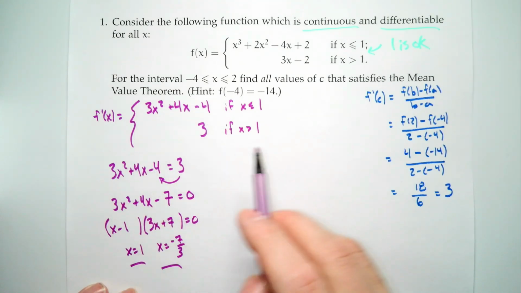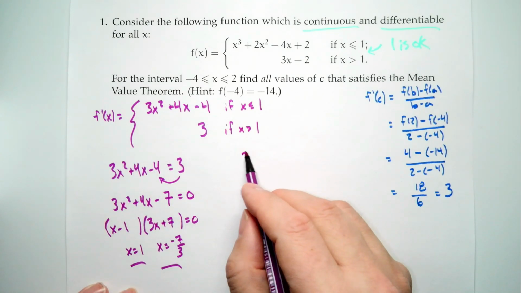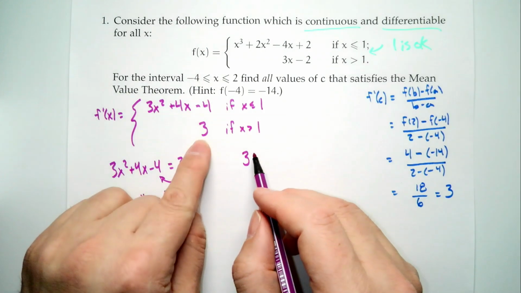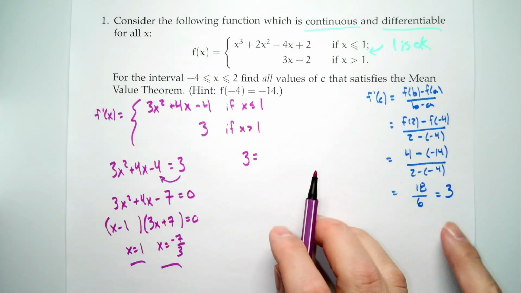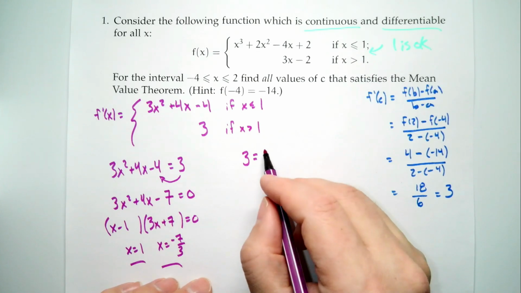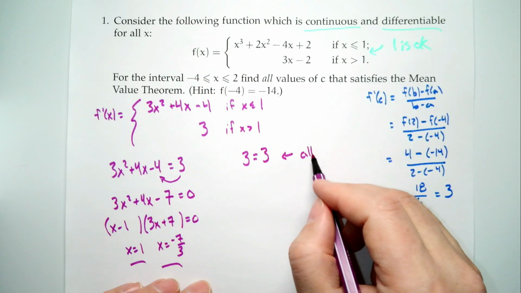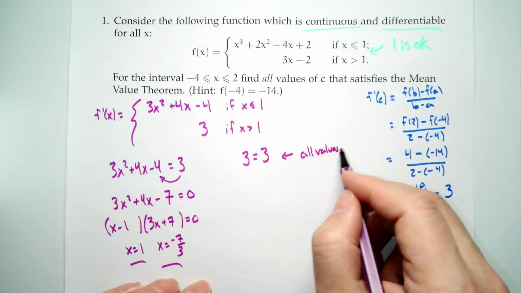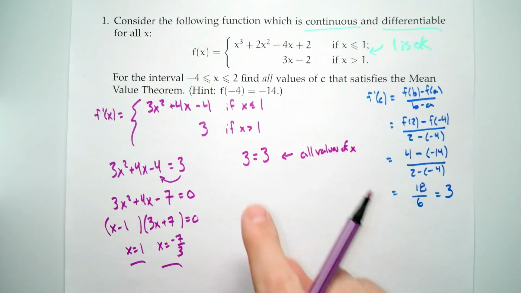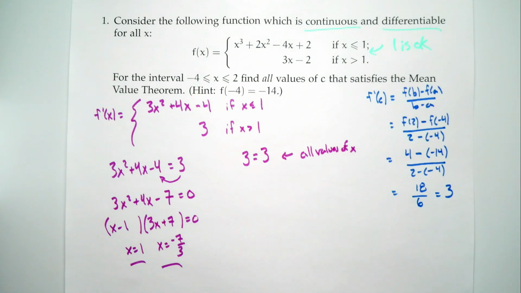How about the second case? Well, the question is, for what values of x does 3 equal 3? And the answer is, this is true for all values of x. And you might say, well, wait, where does x show up? Exactly, there is no x. So regardless of what x you choose, it's always the case that 3 equals 3.